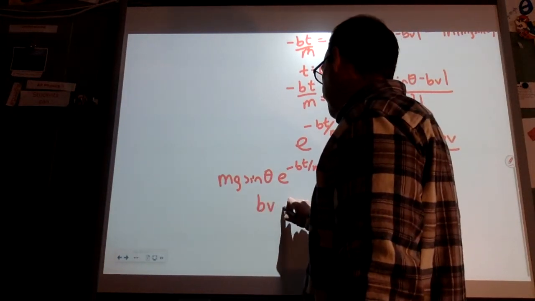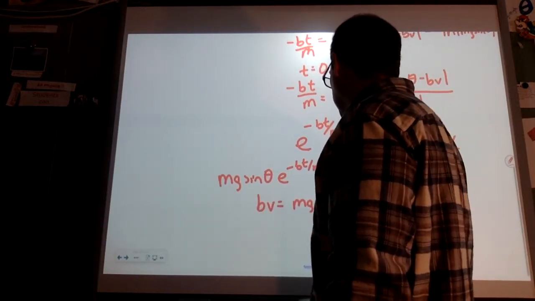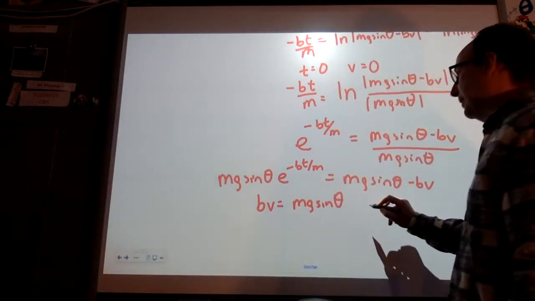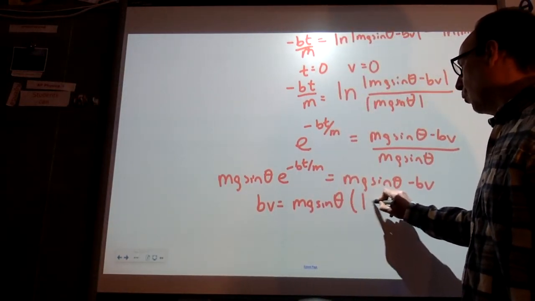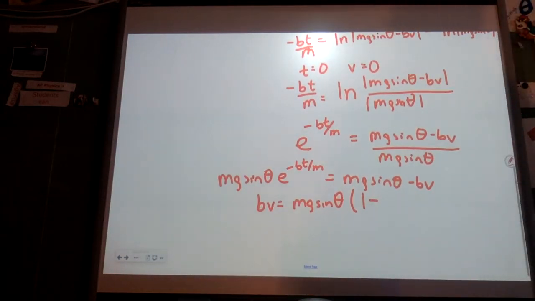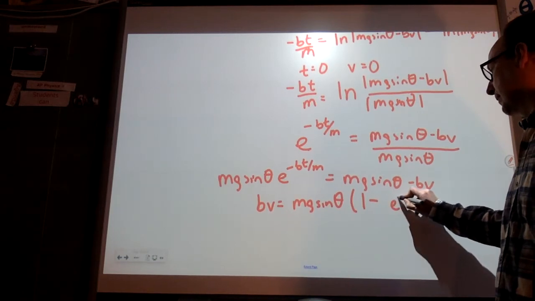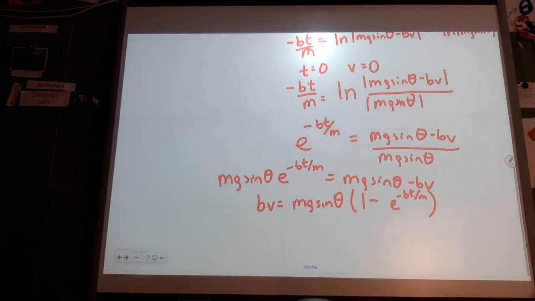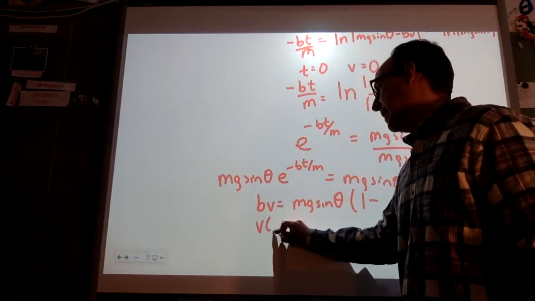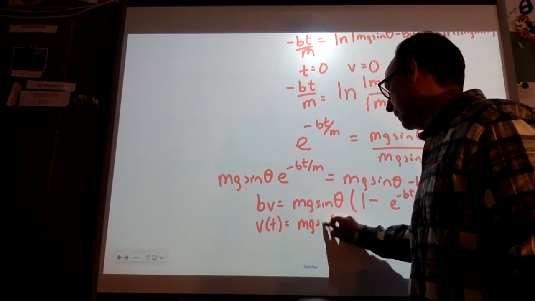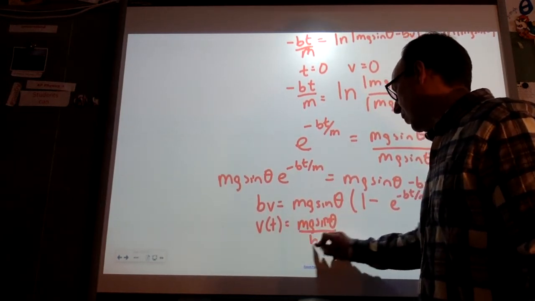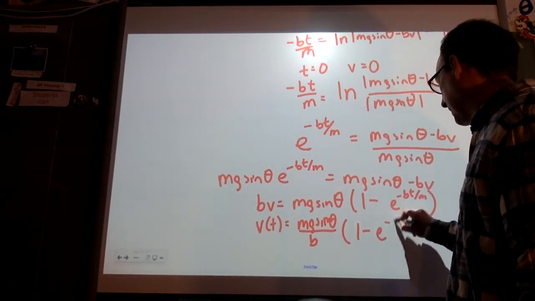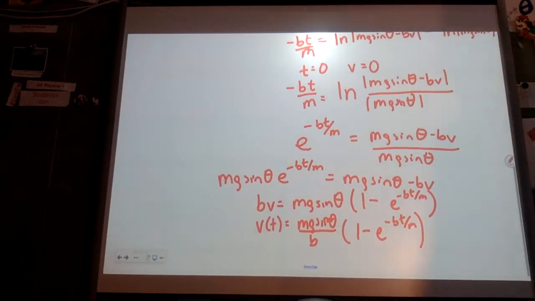And I'm going to have that bv is going to be equal to mg sine of theta times 1 minus e to the negative bt over m, then I can divide by b. So I have that v of t is equal to mg sine of theta over b times 1 minus e to the negative bt over m.